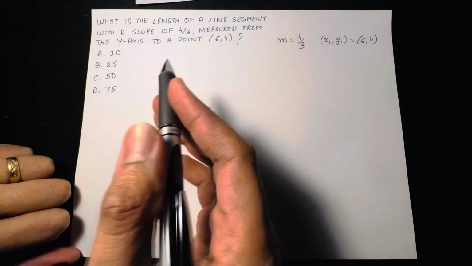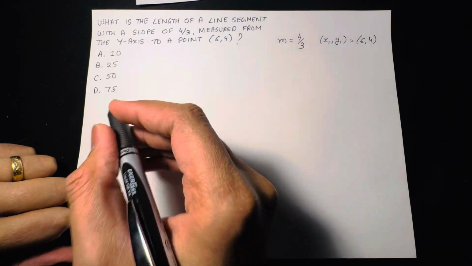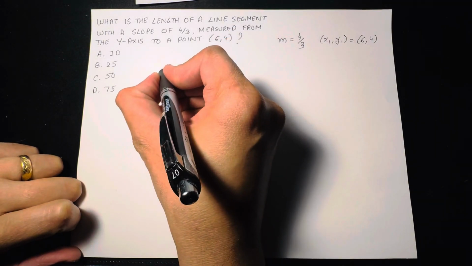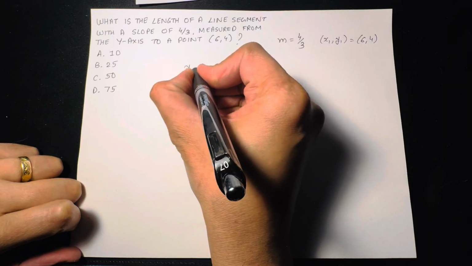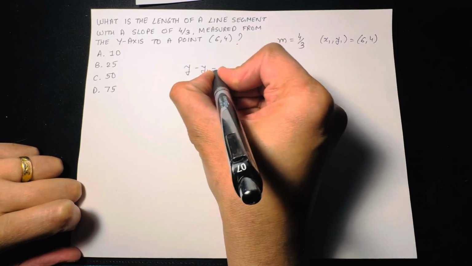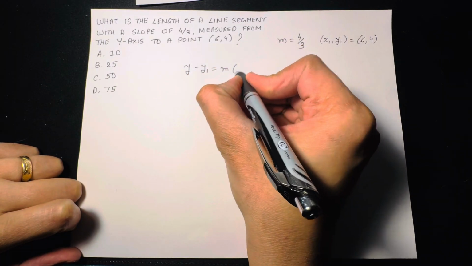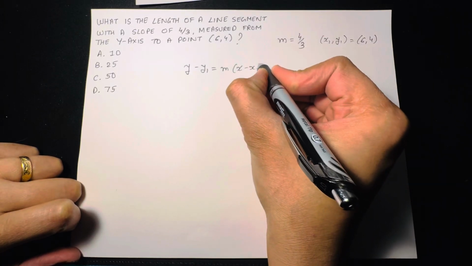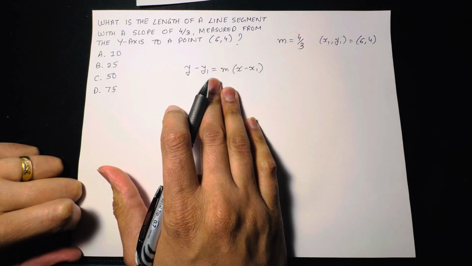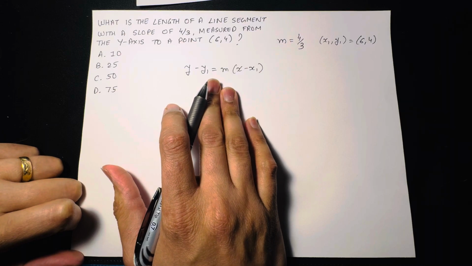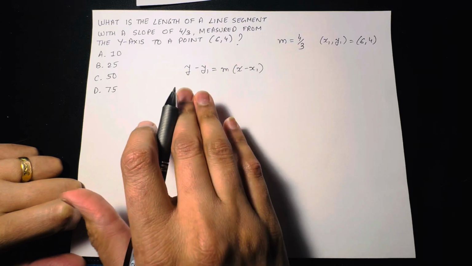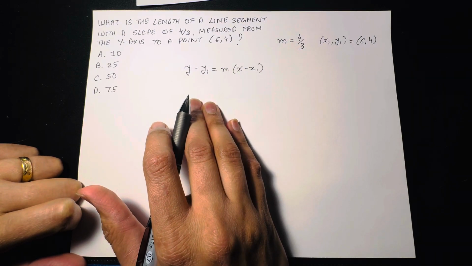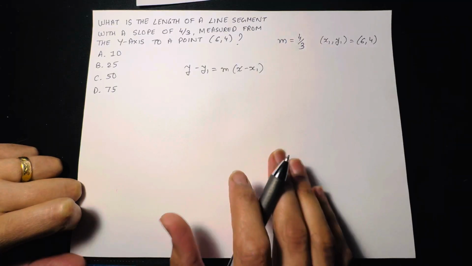So you can start from the equation of a line. The formula is y minus y1 is equal to m times (x minus x1). This is the equation which will be used to find the value of y, and from there we can find the length of the line segment.